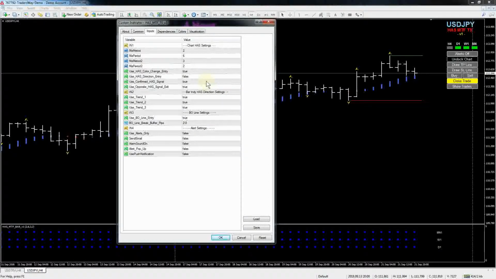Which is this here. If this would have been set to false, you would have got a trade here. But since this is set to true, we wouldn't have been able to enter a trade until we were over here. And since the previous candle was closed above the line, we would not have gotten in there. So it just depends on how you play it.